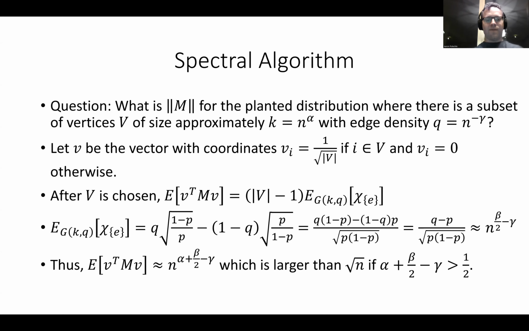So this means that the expected value of v transpose Mv is approximately equal to n to the alpha plus beta over 2 minus gamma, which is larger than the square root of n if alpha plus beta over 2 minus gamma is bigger than 1/2.